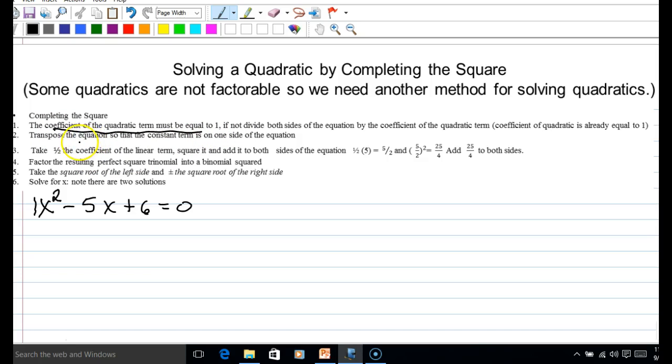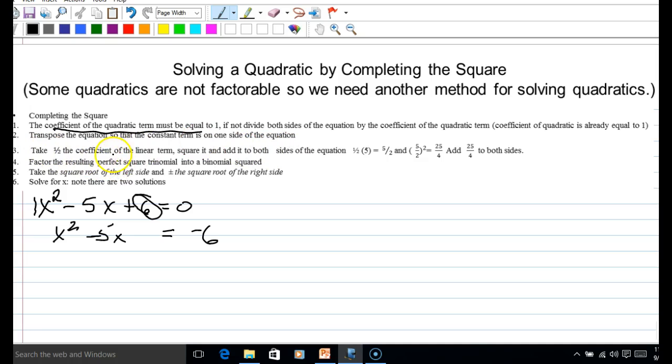So now we're going to transpose the equation so that the constant term is on the other side. In order to do that, I must subtract 6 from both sides. So the plus 6 and the minus 6 cancel each other, and that leaves you with a negative 6 here. So step 2 is to transpose the equation so that the constant term is on the other side.